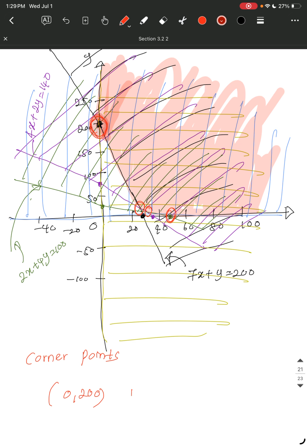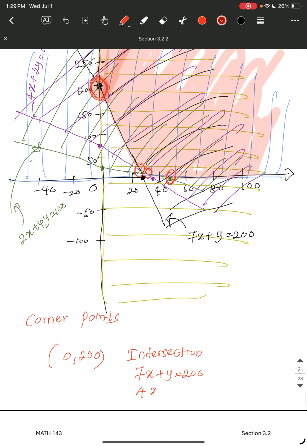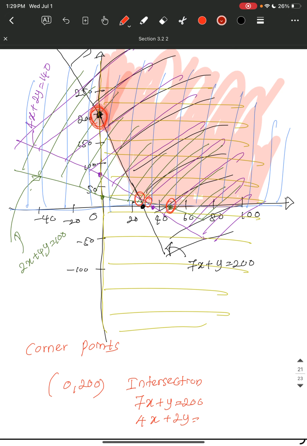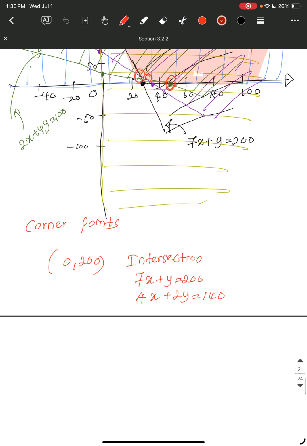We wanted to find the intersection of that black and purple lines. The black line is 7x plus y equals 200. Purple line is 4x plus 2y equals 140. And this we don't know, the intersection of purple and green lines.